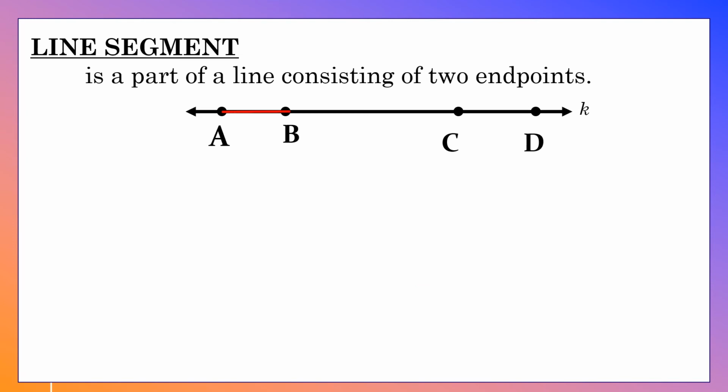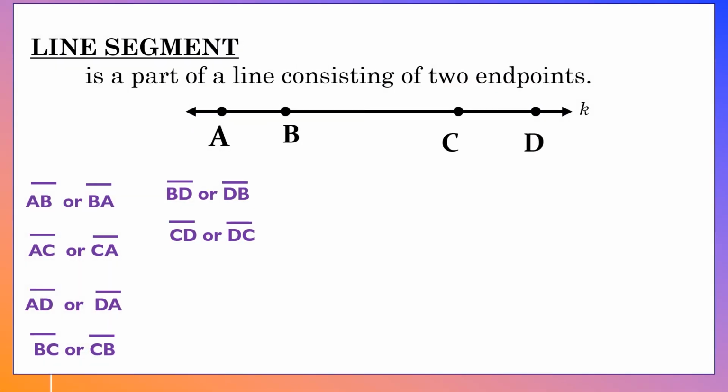We also have line segment AB or BA, line segment AC or CA, line segment AD or DA, line segment BD or DB, then line segment CD or DC.